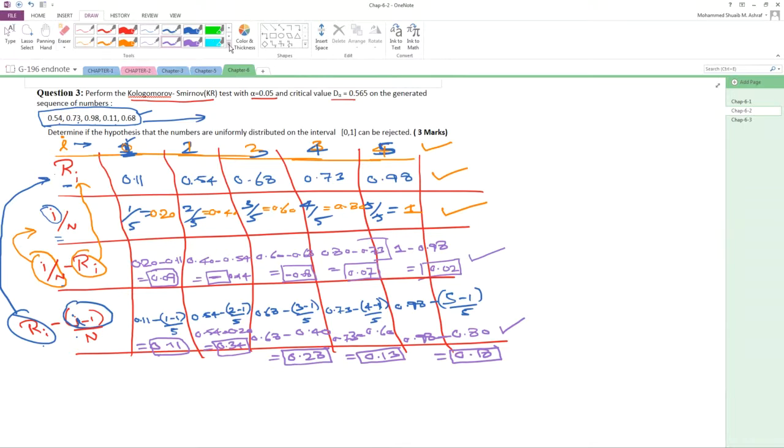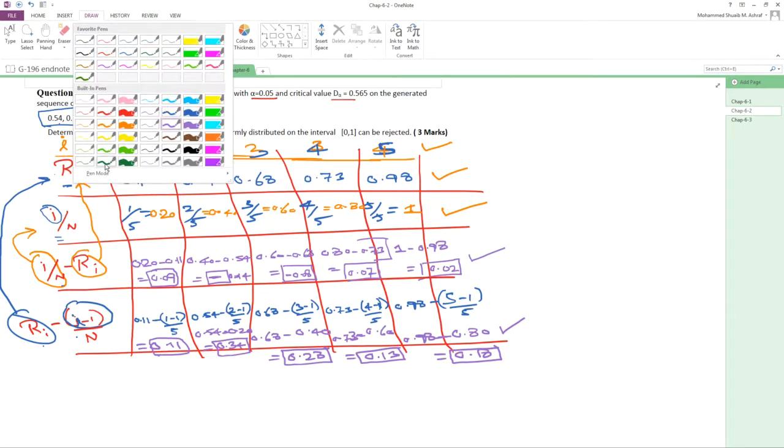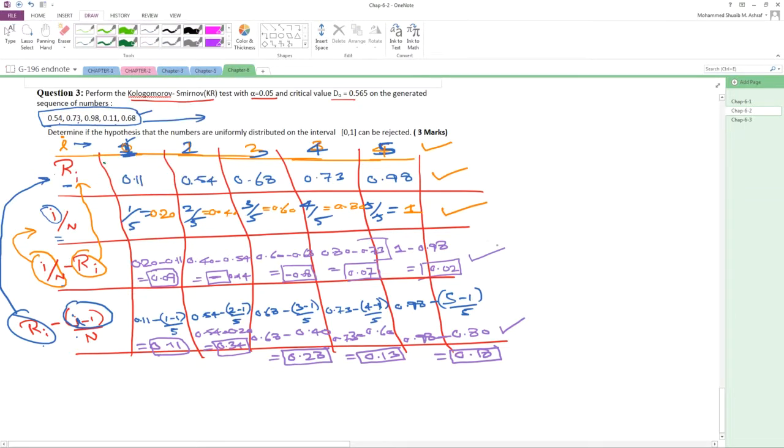Now next step, what you have to do in this table: tell me the maximum value. What is the maximum value? Wait.